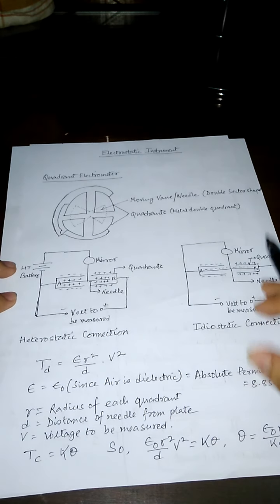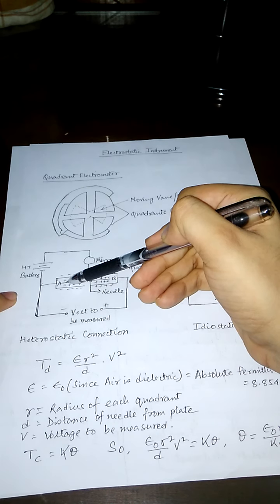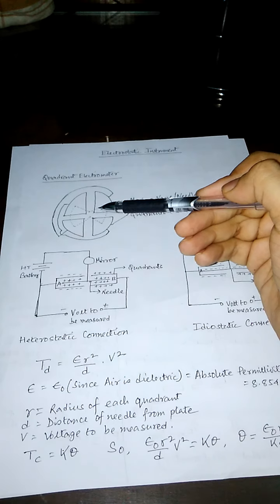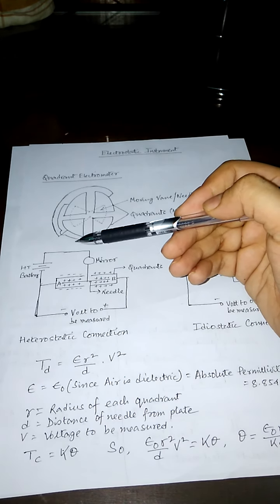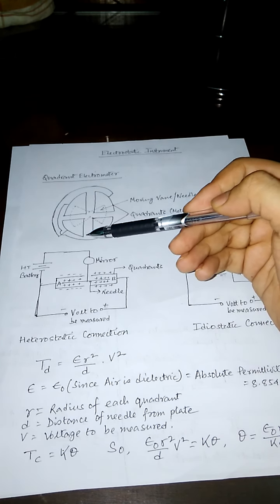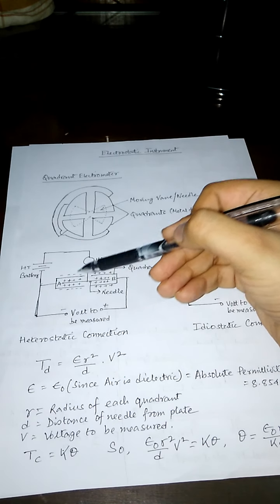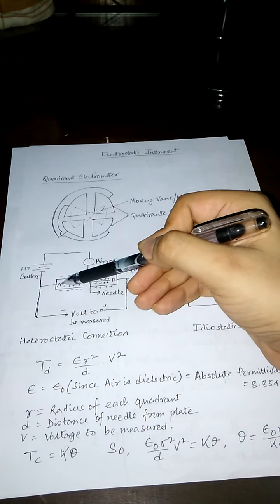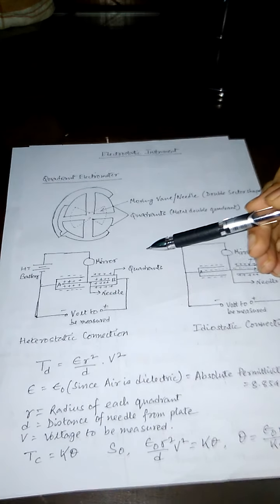And also, an HT battery is connected to the needle in such a manner that it charges the needle to a potential considerably above the potential of the quadrants, which is connected to the negative side of the voltage measured.